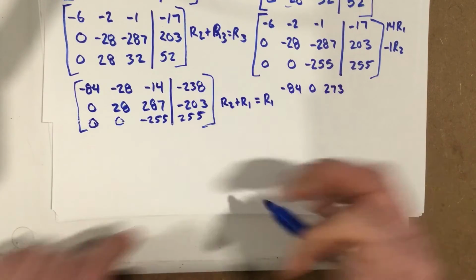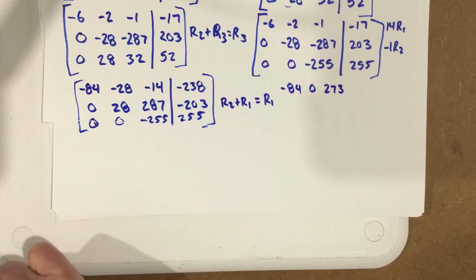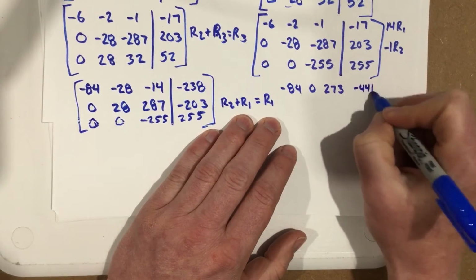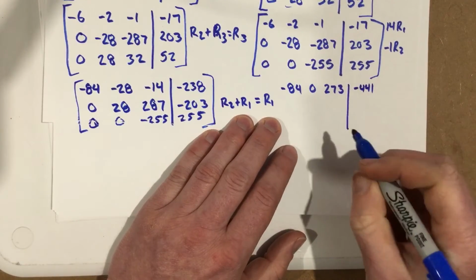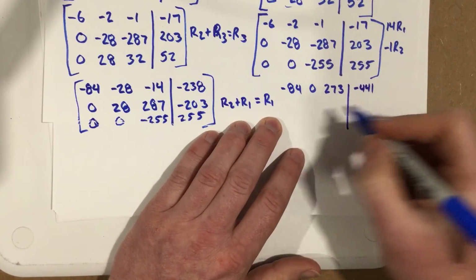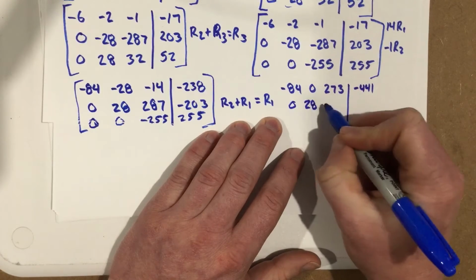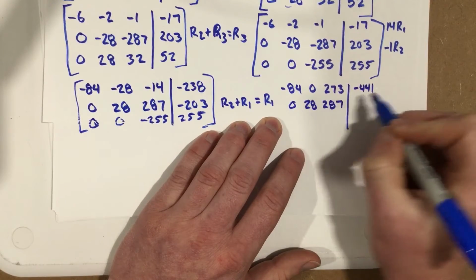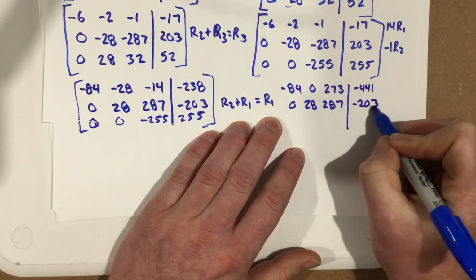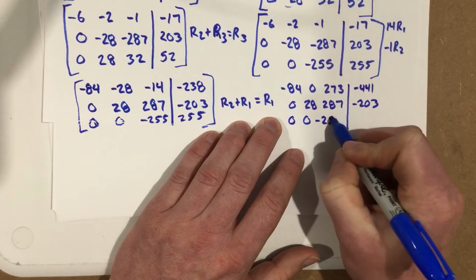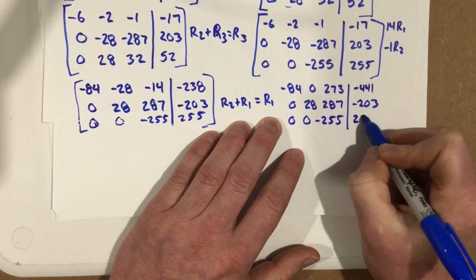Negative 203 and negative 238 is negative 441. And so I have 0, 28, 287 here, negative 203 here, 0, 0, negative 255, 255.